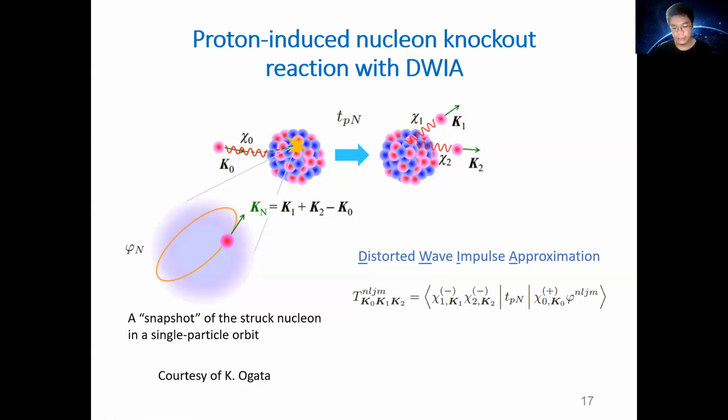And if you use some form of approximation, you can even factorize this two-body nucleon scattering amplitude as experimentally measured cross sections. That is one of the strengths of the DWIA: it is flexible, and you can easily account for several kinds of corrections.